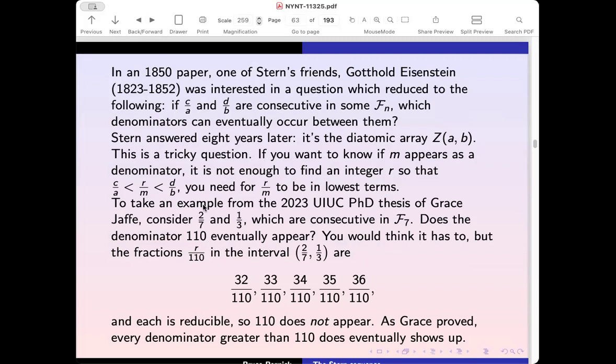If you consider the fractions 2/7 and 1/3, which are consecutive, you would think that 110 eventually appears. However, these are the fractions in the interval 2/7 to 1/3, and each one of them is reducible. So in fact, there is no fraction with denominator 110 that appears between 2/7 and 1/3. And as Grace proved, eventually every denominator greater than 110 does appear.